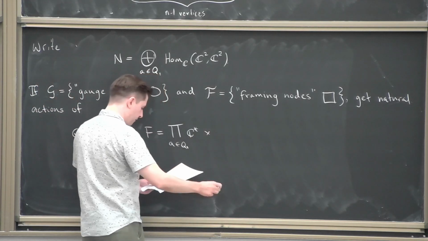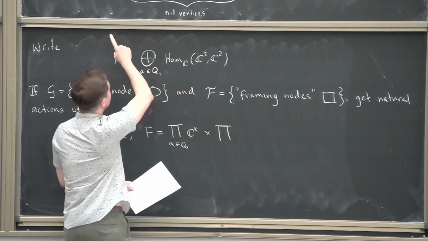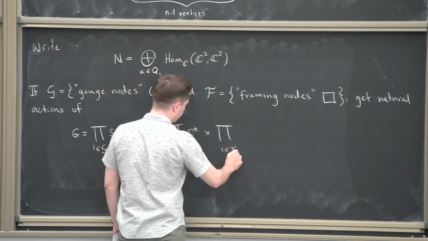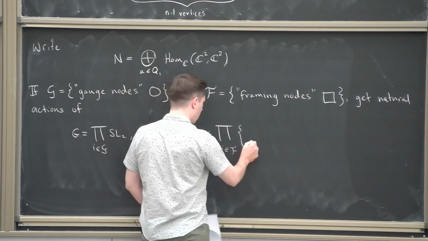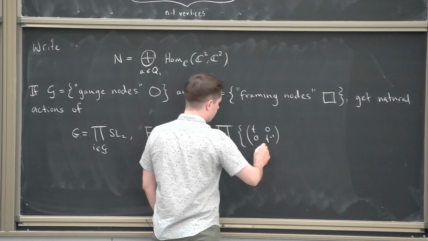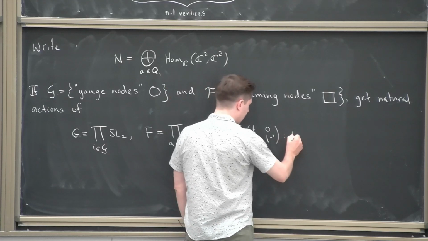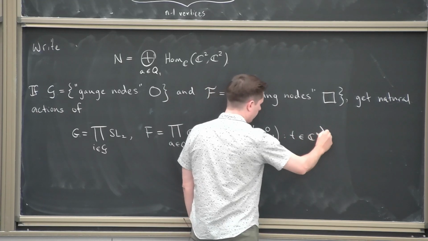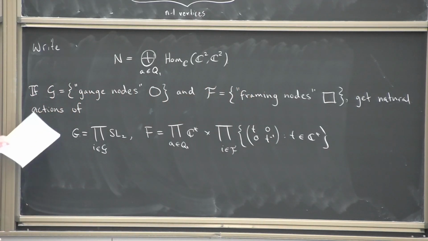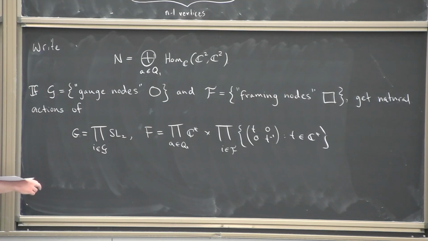And then you also have factors associated to the framing nodes. For each element of this F, we again have a one-dimensional torus, but now we'll view it as a group of matrices like this. These are groups that have natural actions on this vector space. You can probably figure out yourself what the actions are on N.